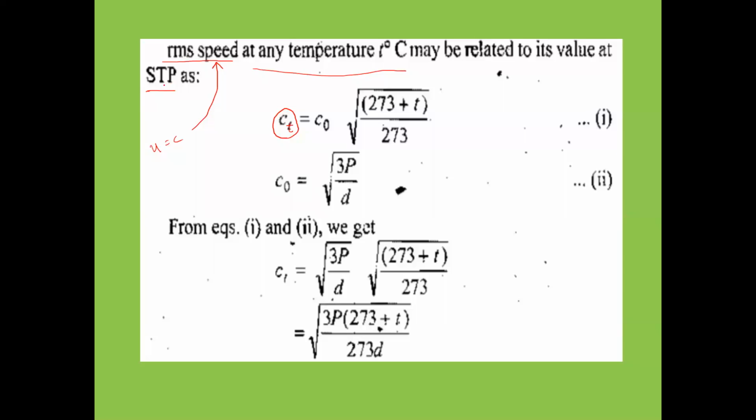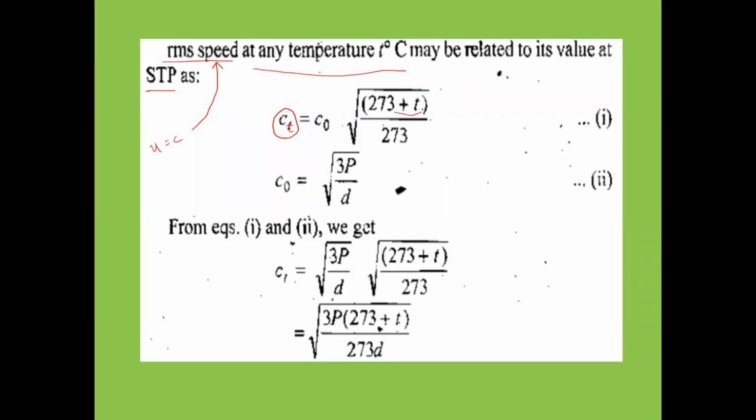The relation is CT equals C naught times square root of 273 plus t by 273.